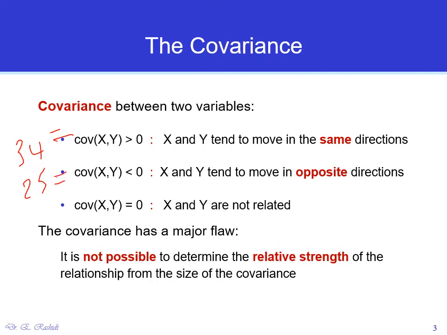It doesn't make sense to compare them. It's like comparing apples and oranges. So that's the flaw of covariance: the relative strength cannot be determined from the size.